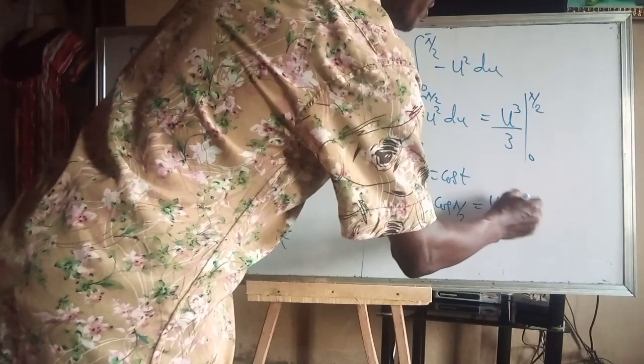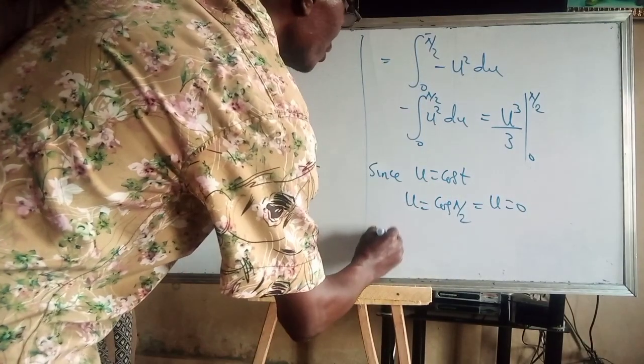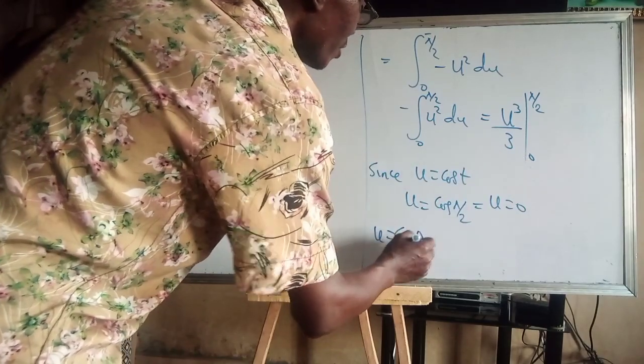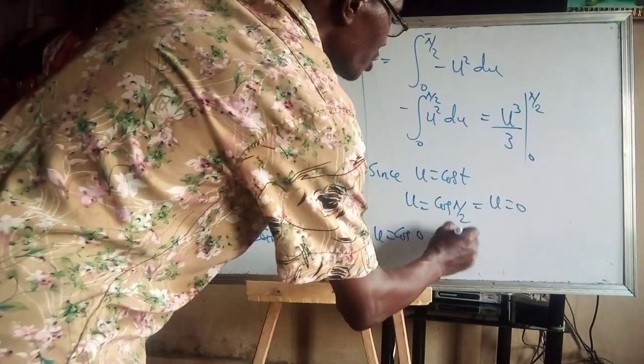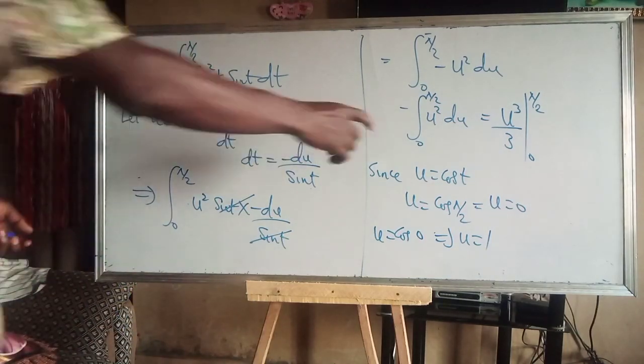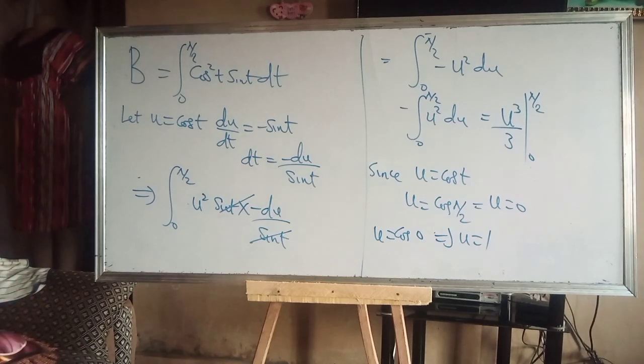So u will be equal to 0. For the other one, when t is 0, cos 0 is 1, so u equals 1. So we have converted from t to u because we are getting a new variable, so the limits have to be converted in line with the new variable.